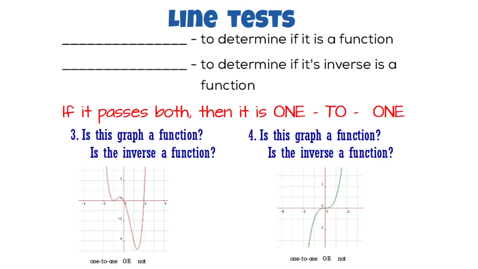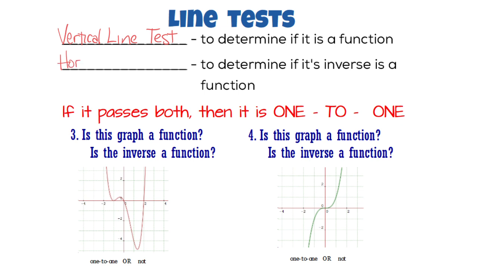If you'll recall, when we try to determine if something is a function, we use a vertical line test. If you can pass a vertical line through the graph and it only touches once, then we know that it is a function. To determine if its inverse is a function, we use that horizontal line test.